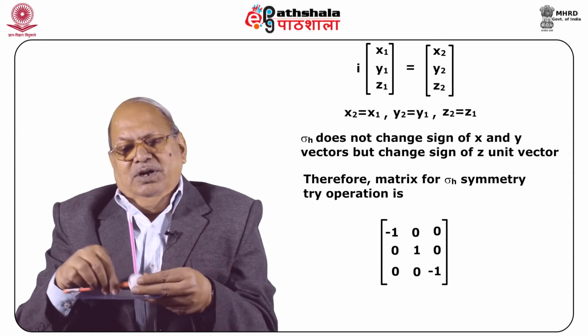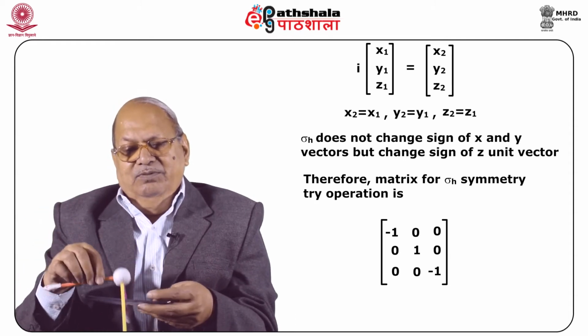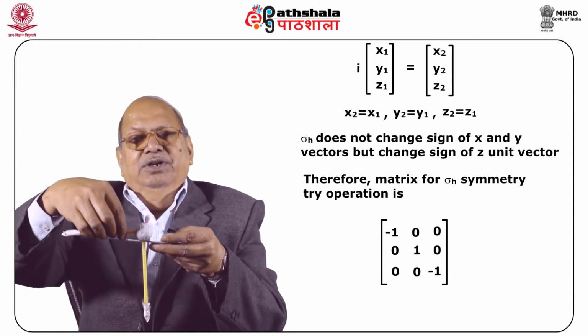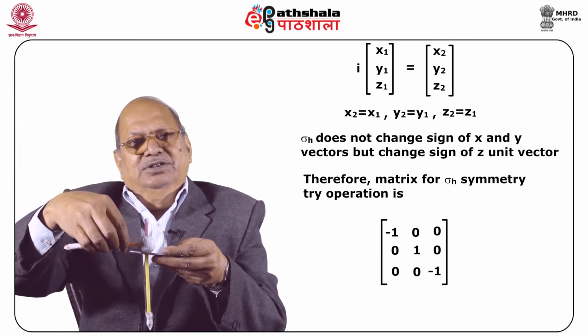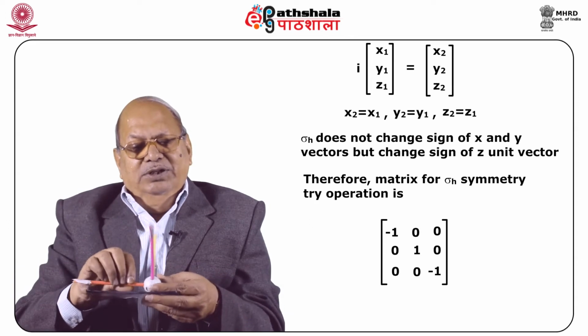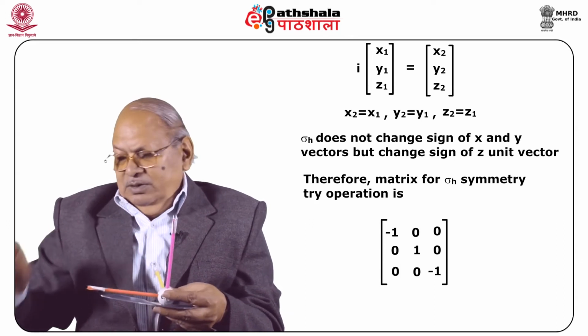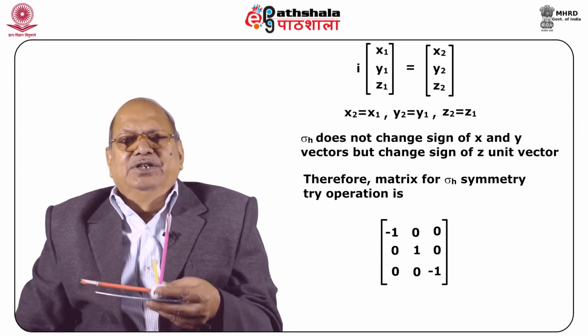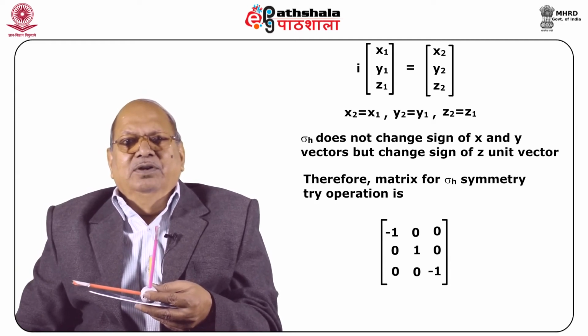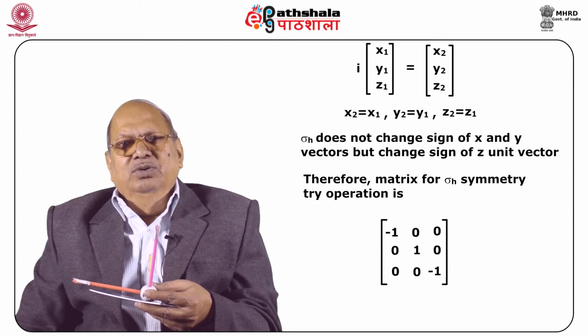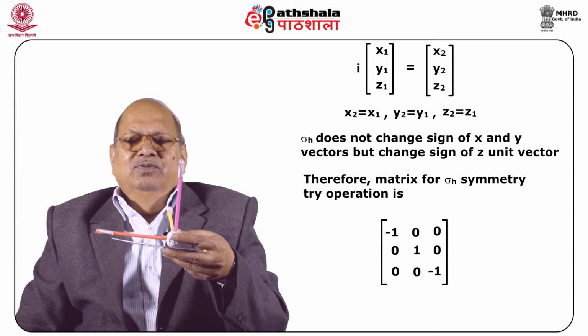Our figure can be like this. Only the z axis changes sign and no other axis; the other two axes, x and y, remain the same. So what will be the matrix now? It will be 1 0 0, 0 1 0, 0 0 -1.